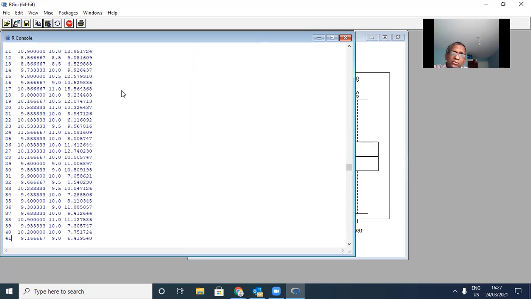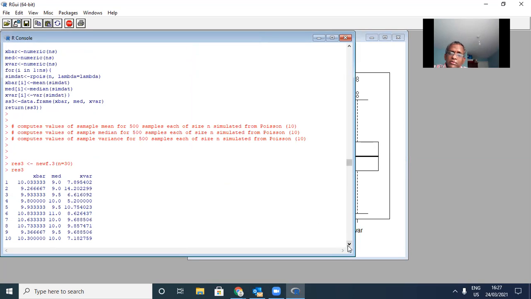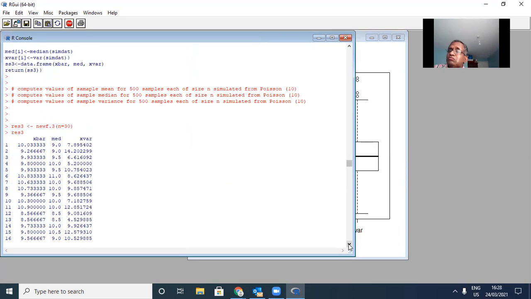Let me go to the top just a minute. Remember, in week 1 or week 2 of this course, we talked about the sample median. The sample median is defined as the middle number when you arrange the data from the smallest to the largest. Now, in this example, we are simulating data from a Poisson distribution.